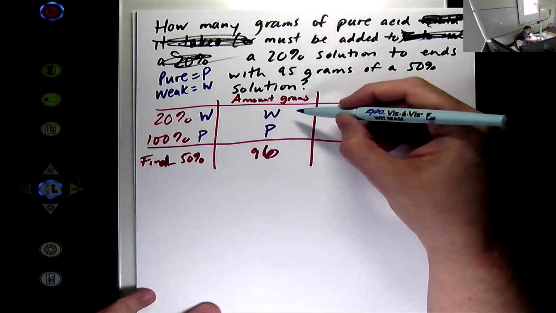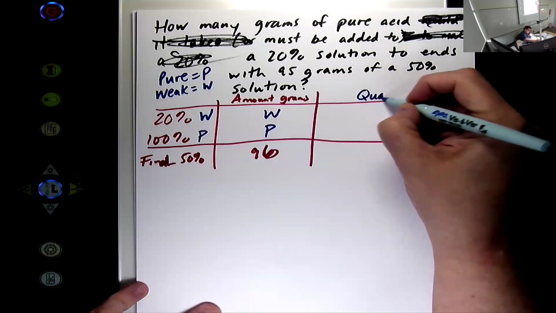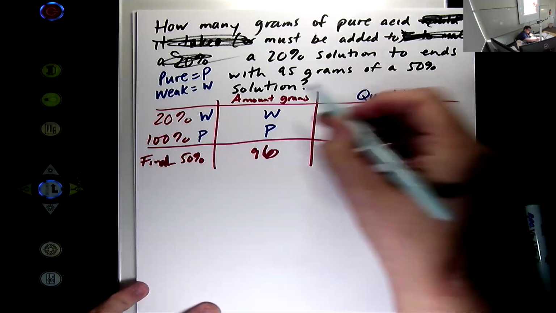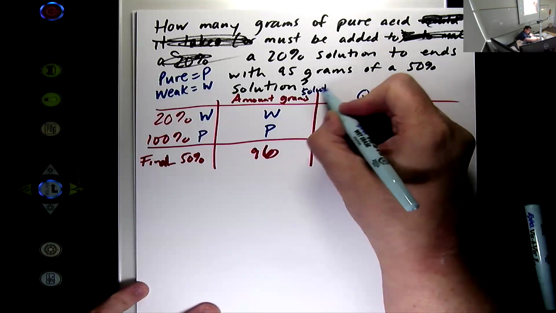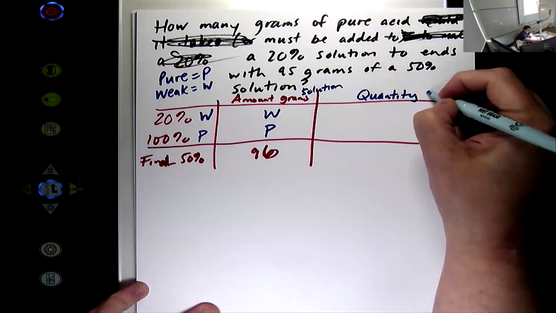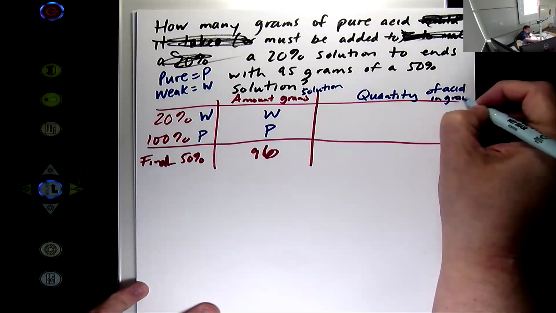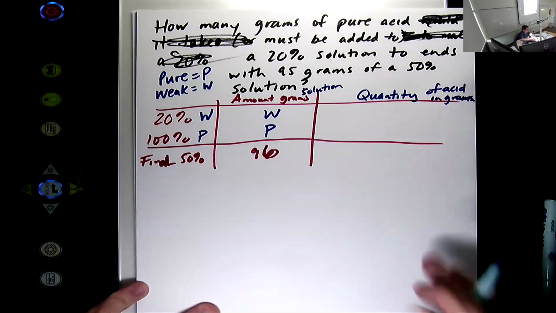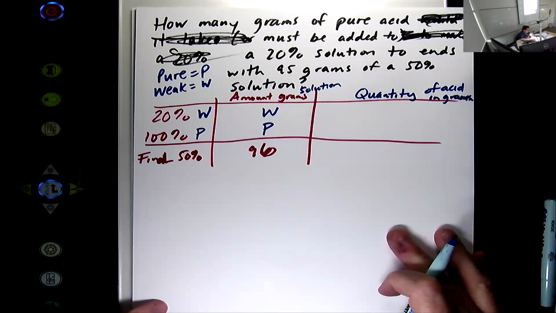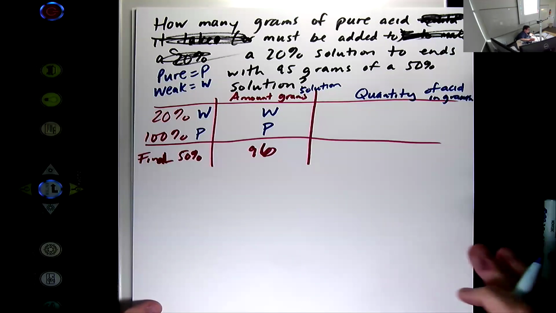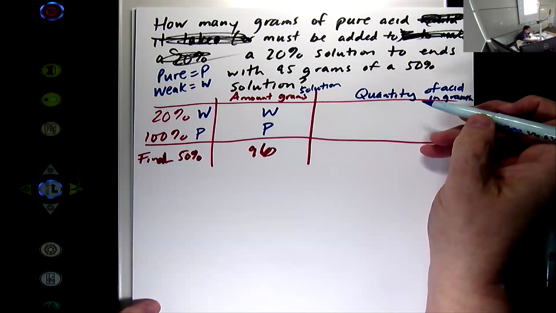If I multiply this, this is the amount in grams of the whole solution, and this will be the quantity of the acidic part, in grams. Just like Everclear, you have a lot of water and you mix in the cap full, so most of the content isn't Everclear. It'll be pure acid here.